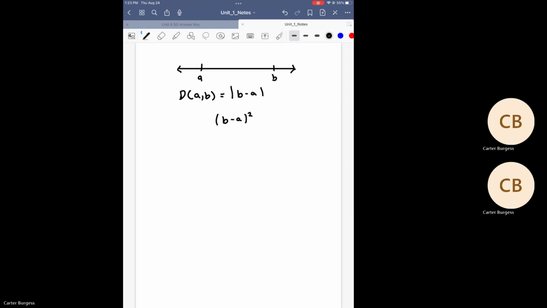What is the problem that we run into when we square this distance? For instance, why would I say an absolute value is probably a little bit better in this particular case than just going ahead and squaring it? The distance changes. If this isn't a distance of 1, we're going to get a different numeric value. If our distance is 4, all of a sudden we're looking at 16.